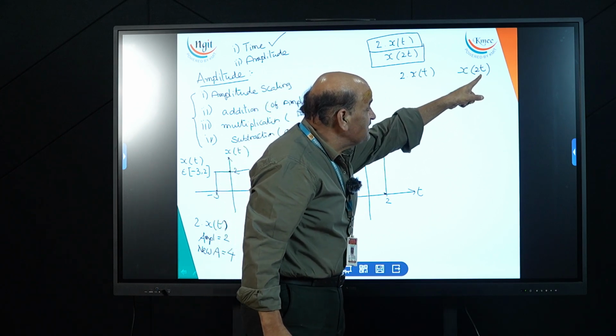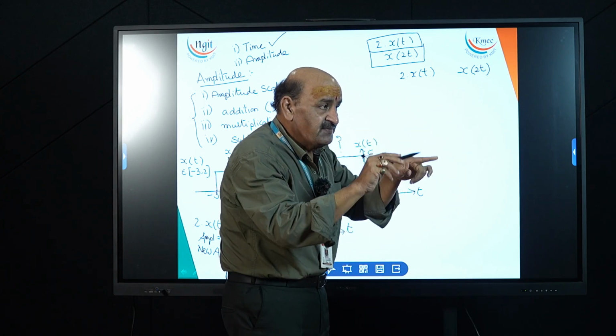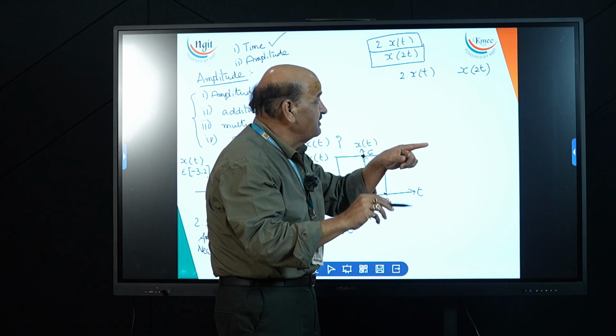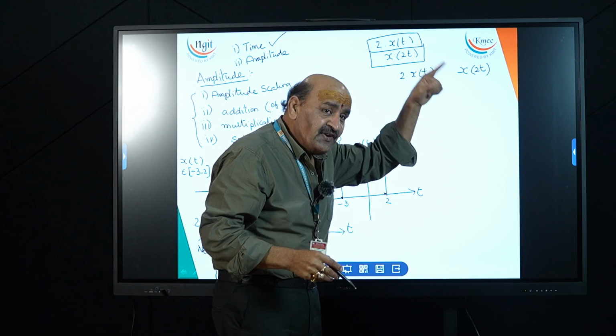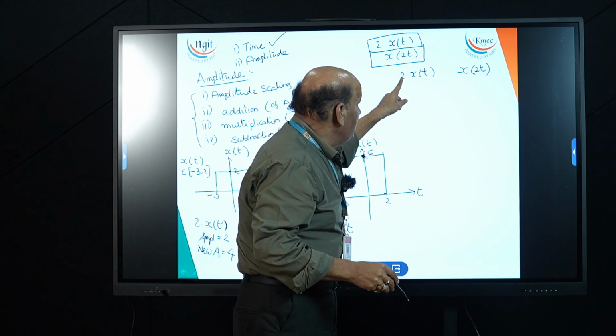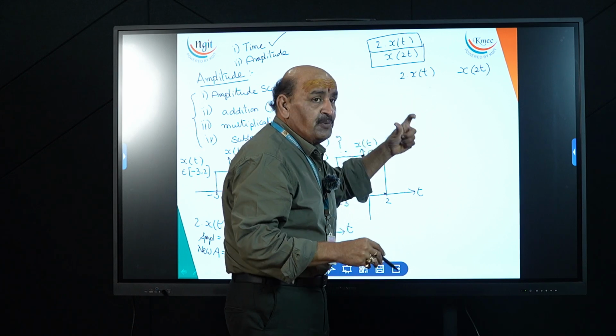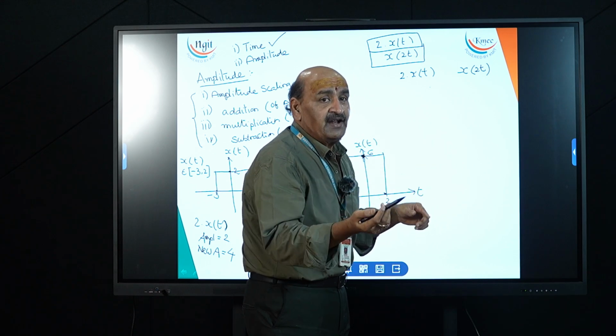Here x of 2t is a continuous time signal, but the 2 is within the parameter, within the parenthesis. Here, 2 is multiplying the entire signal. Look at 2 times x of t. Here we are multiplying the given signal with the numeric number 2. But here the signal itself is x of 2t. A lot of difference.